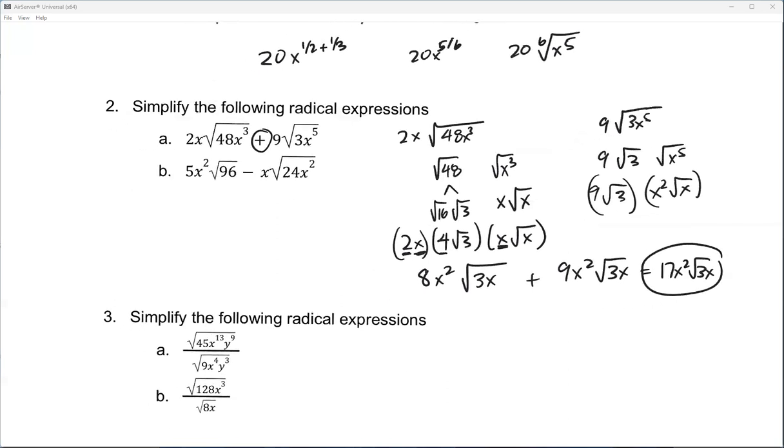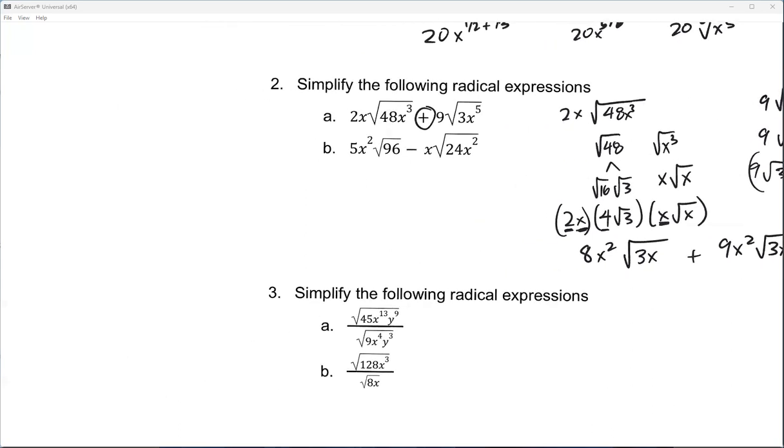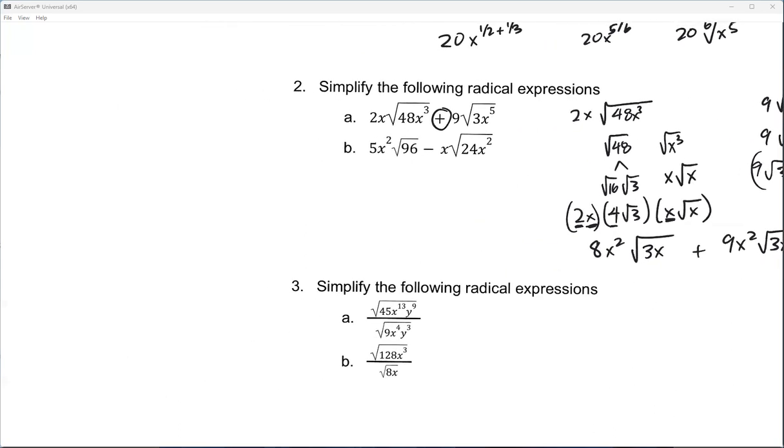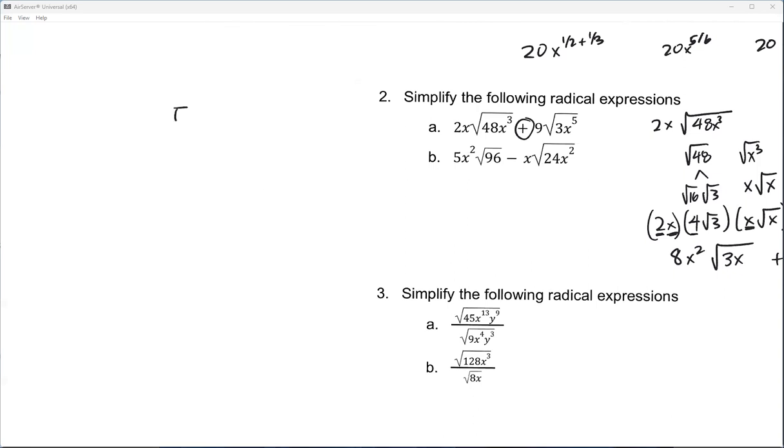Letter B is 5x squared radical 96 minus x radical 24x squared. So if we split this up, that is 5x squared, and this is a 4 radical, I think 16 times 6, right?